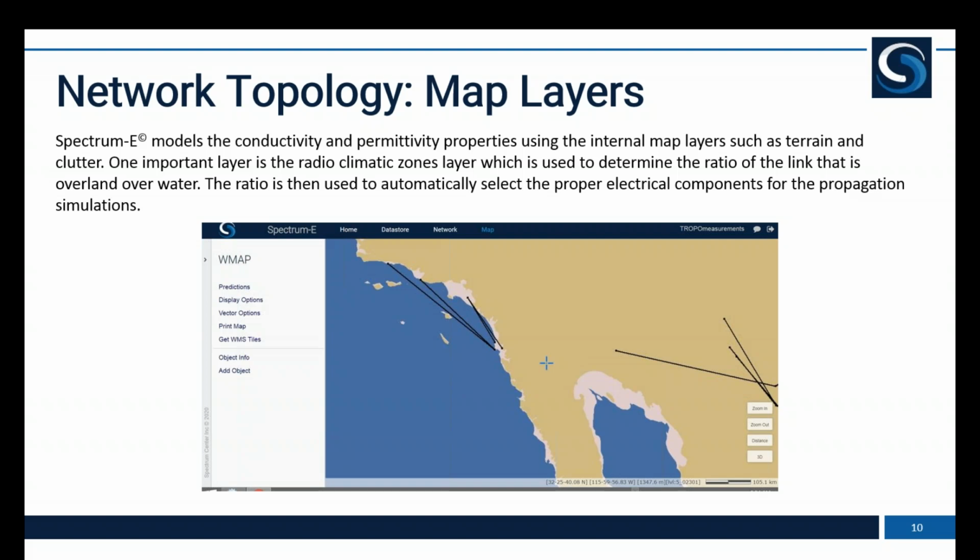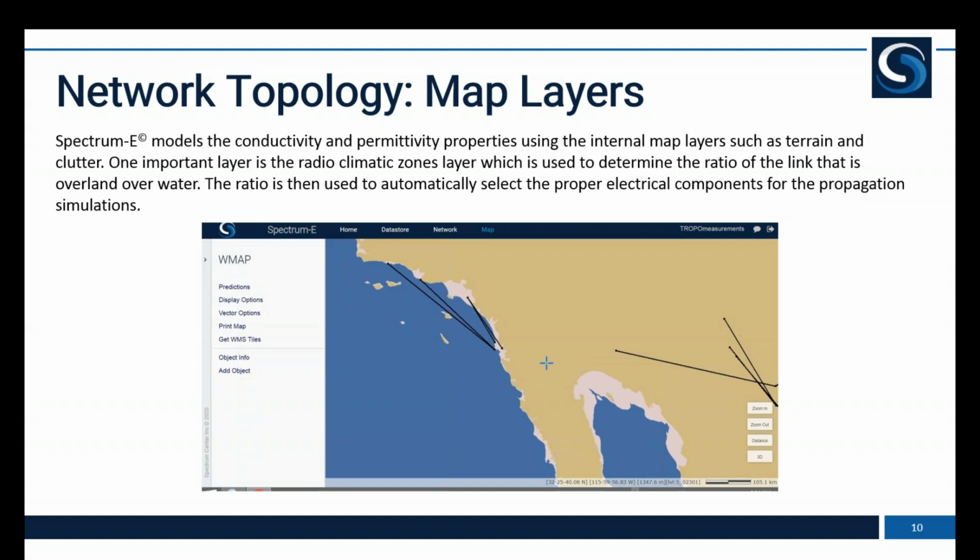However, from a human perspective, a person doesn't necessarily know what the conductivity or permittivity value is, say in the California area versus the sea in the Pacific or Australia and so forth.